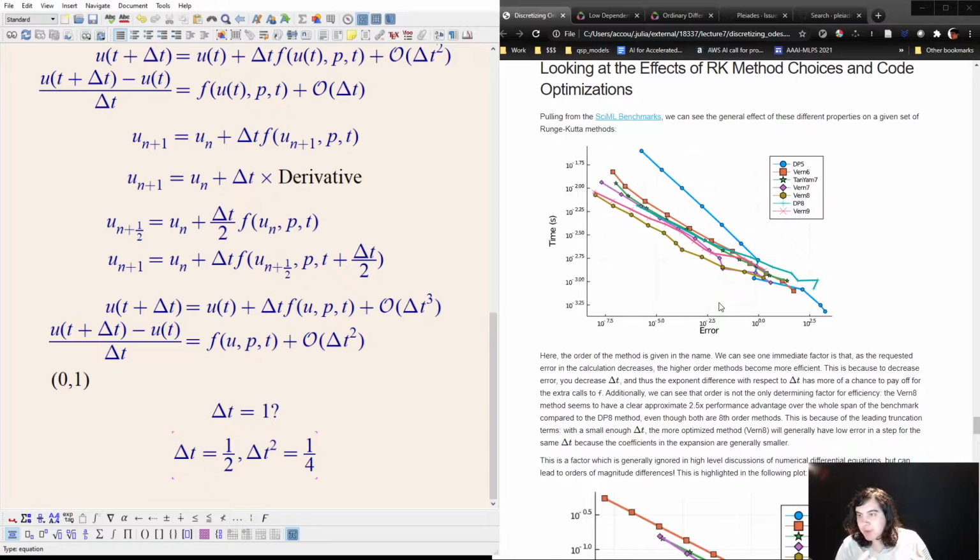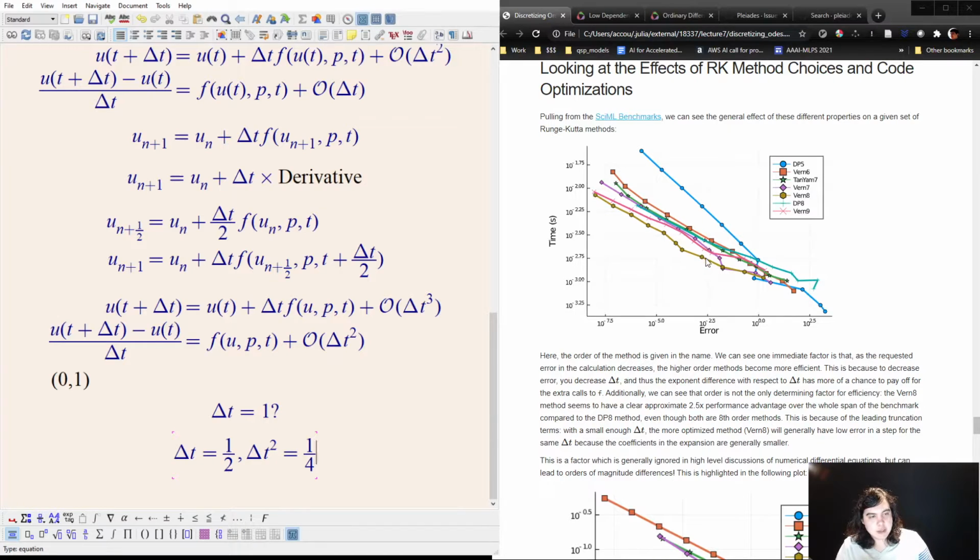Another thing is that methods of the same order are not created equal. So here, for example, you have Vern8 versus DP8. DP8 is a 1980s method created by Dormand and Prince. It is their 8th order method, and it's one of the most popular 8th order methods. The Verner method is, I think, 2017. It's a new optimization of the 8th order coefficients.